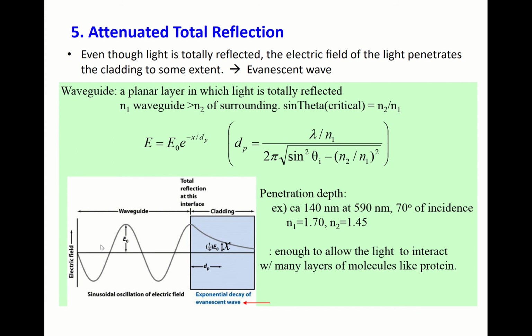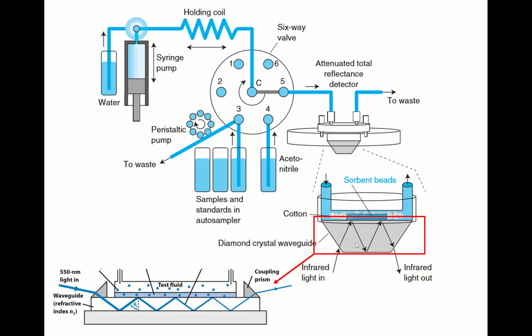Isn't that wonderful? You send your UV or visible light on this side, and your sample is coated on the other side, but this sample can be monitored by this wave. That's the beauty. So this attenuated total reflection has been applied in many ways, used as a detector.